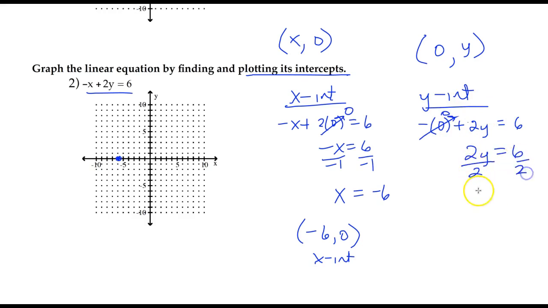We divide both sides by 2, and we get 3. So our y-intercept point on the graph is going to be the point (0, 3). So that would be starting from the origin. We go no direction in the x direction, but go 3 up in the y direction. And so we have our 2 points. As long as we have 2 points, we can draw a line.